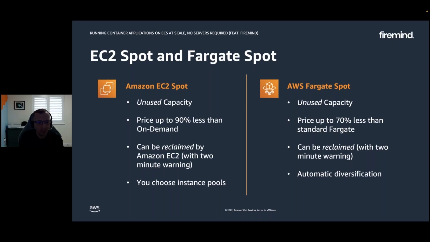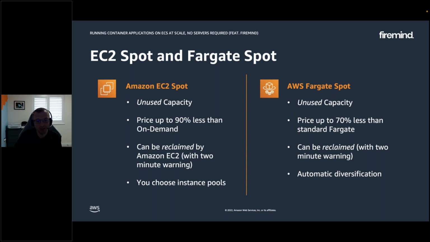Being able to select EC2 Spot as a capacity provider seems like something you would want to do given the cost reduction, as long as your application can handle interruptions. But why are we talking about Fargate as a capacity provider? Surely by its nature, it's already a capacity provider. Well, yes, but you can also select the new option Fargate Spot, as I mentioned previously, as a capacity provider.